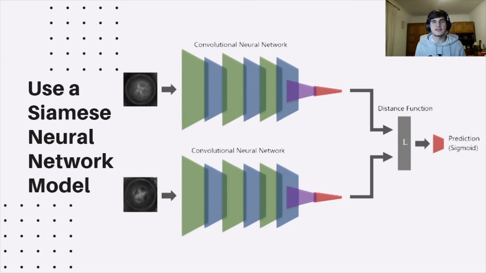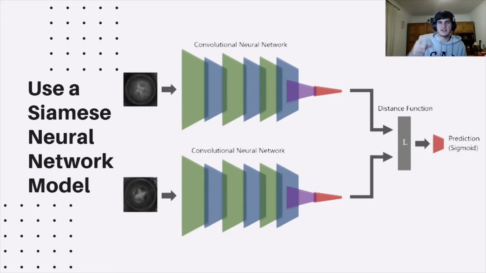In this case, how a Siamese neural network works is we have 2 convolutional neural networks that are parallel and similar. At the end of each convolutional neural network, there's a feature vector that summarizes the input, and after these feature vectors, there's a distance function.